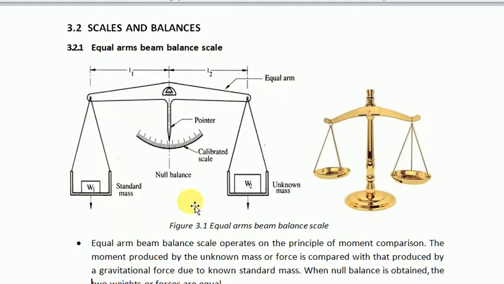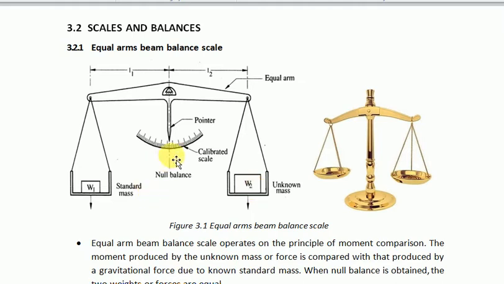In this image you can see, friends, how the balancing mass is used to find out the force. Suppose this is the standard mass, which is known to us, and this is the unknown mass, whose force we need to find out.